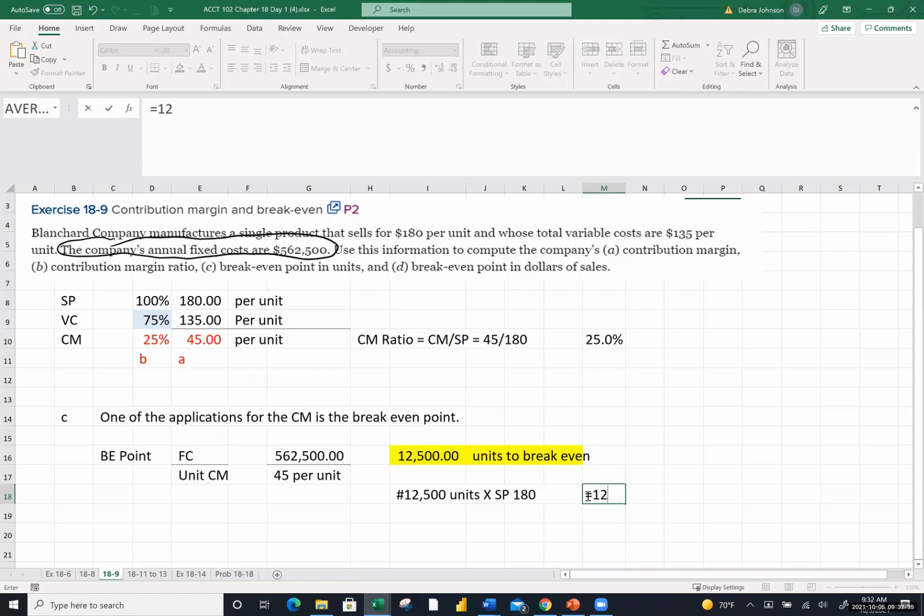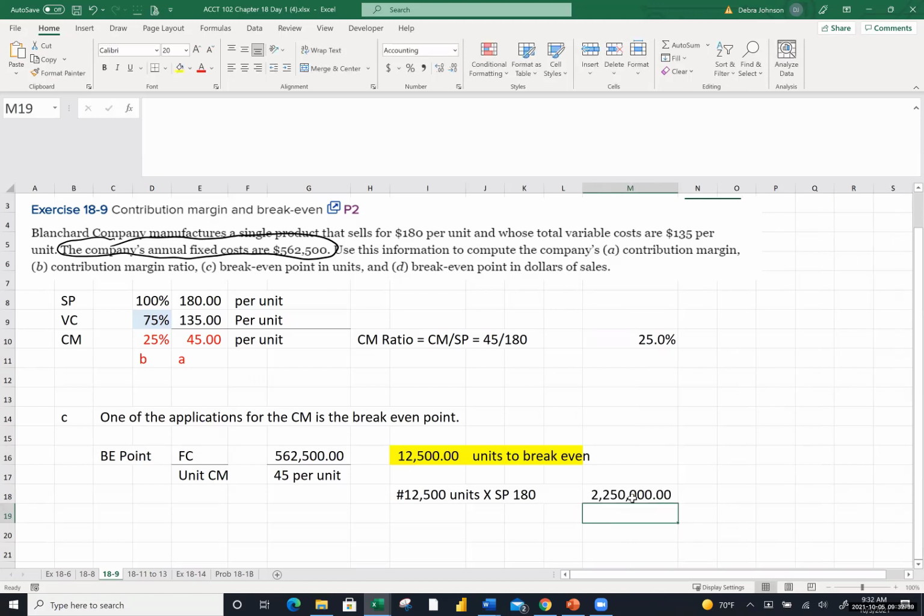So let's answer that. 12,500 times 180. There's my break-even point in dollars. Anything above that would result in a profit. Anything below that in sales dollars would result in a loss. All business plans ask you for that point.